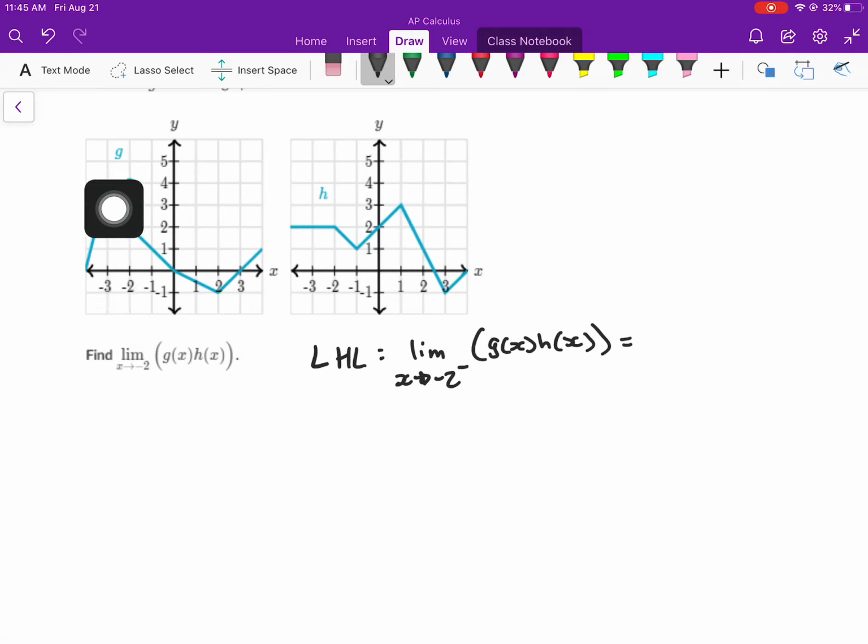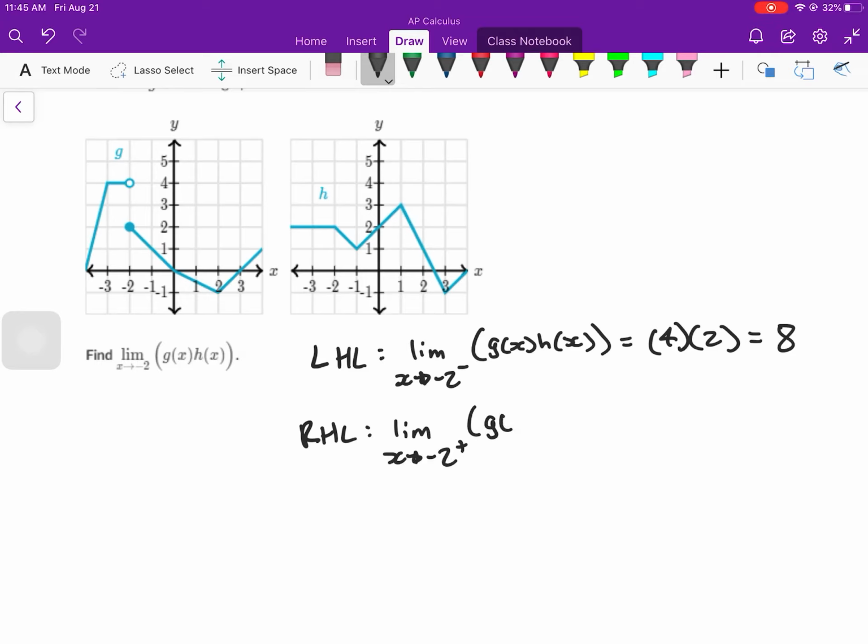So g of x from the left is 4 and h from the left is 2. So it's going to be 4 times 2, which is 8. And then from the right, we get 2 for g of x from the right-hand side.